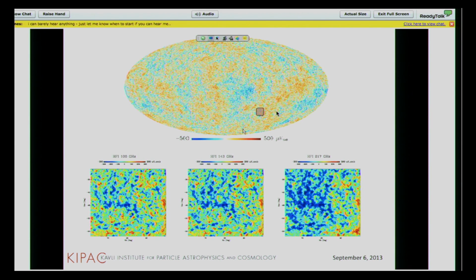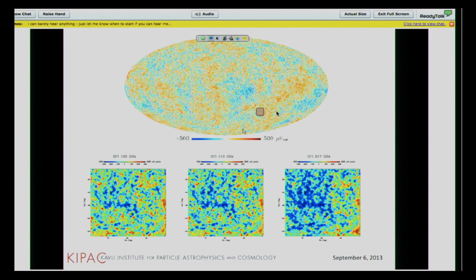But you might be concerned not only about statistical noise, but also, say, the contribution of non-Gaussianity from things like foreground emission. This is just another image showing both the all-sky map, the component map, as well as a couple postage stamps showing the 100 gigahertz, 143, and 217 gigahertz data in that same region of sky.